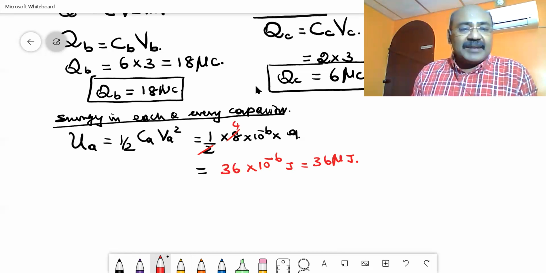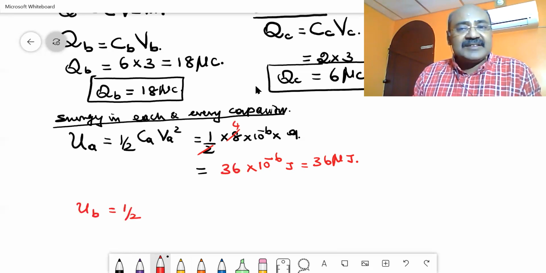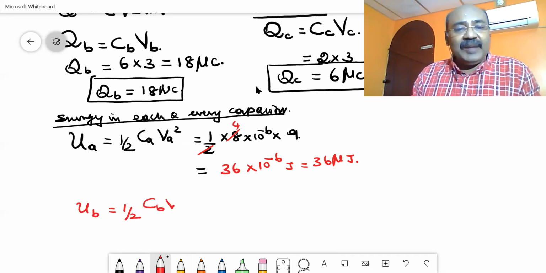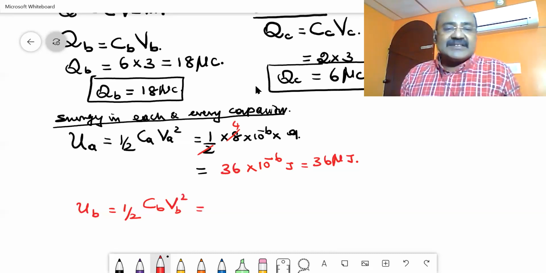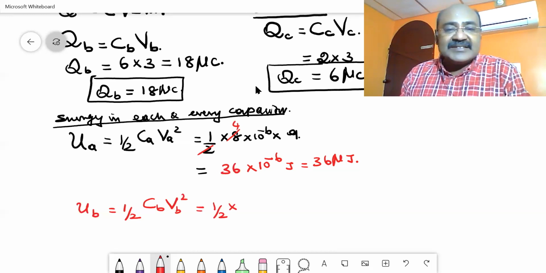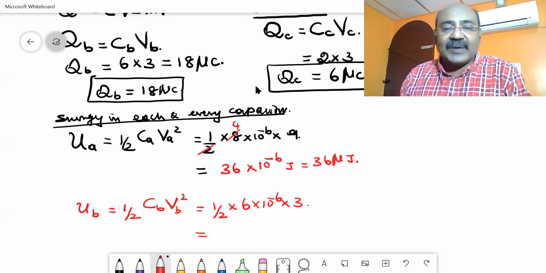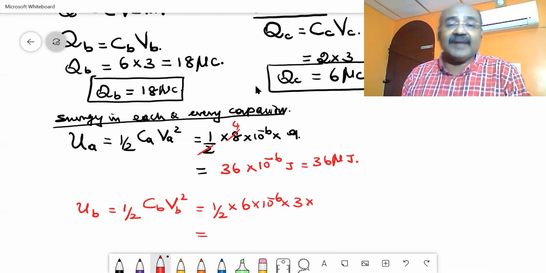Similarly, I am calculating epsilon of B. What will be the formula? Half into CB into VB square, which is equal to half into, what is CB? The value of the capacitance B is 6 microfarad, 6 into 10 to the power of minus 6, into 3 square. 3 into 3 is 9.